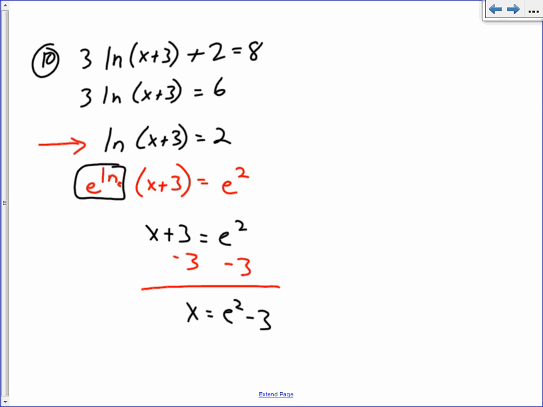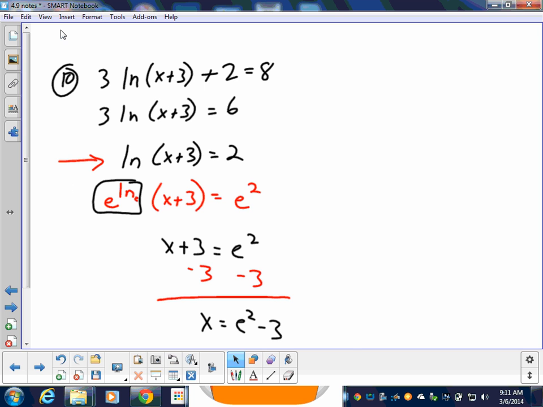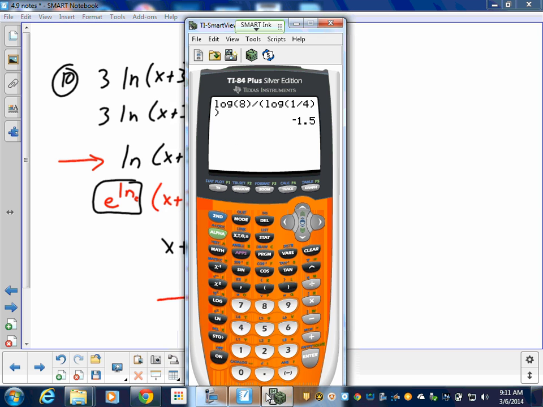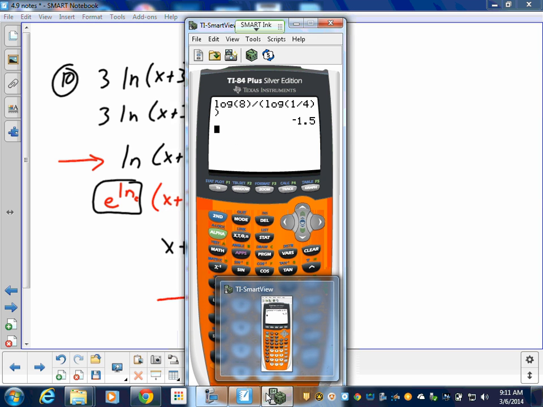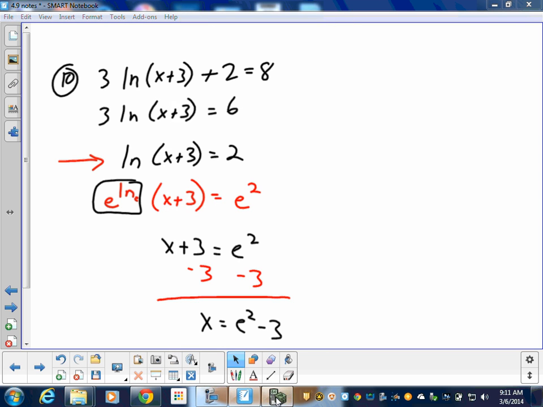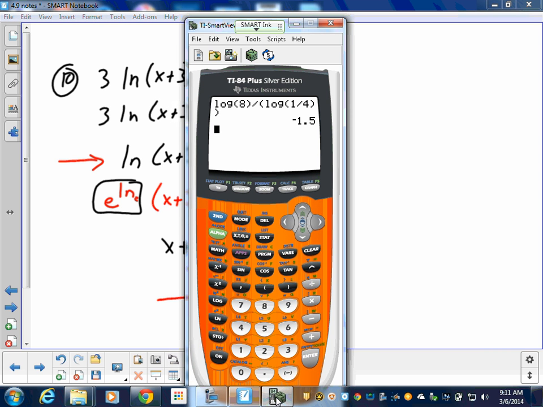Well, guys, you got to calculate what e squared minus 3 is. The way you calculate e squared minus 3 is you use some form of technology. The technology that we have access to is our calculators. So I want to use the calculator to help me get e squared minus 3. So here's e right there.